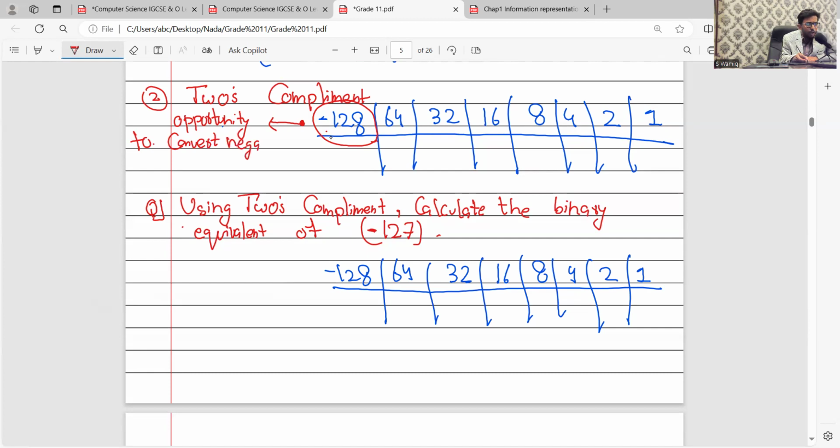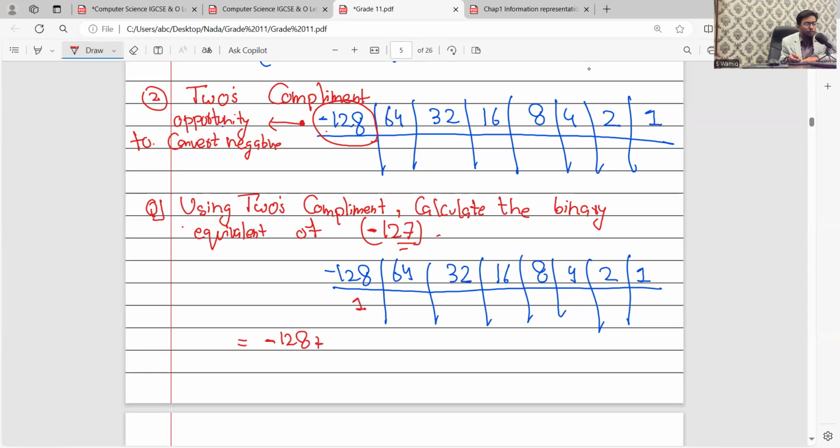That means that when you have a negative term, this number can be used for calculating the binary equivalent. So for example, right now I have a question that says I need to convert minus 127. So that means that I need only those values from this side which make a total of minus 127.